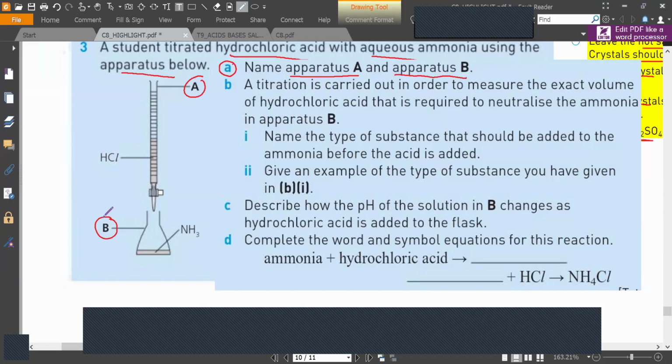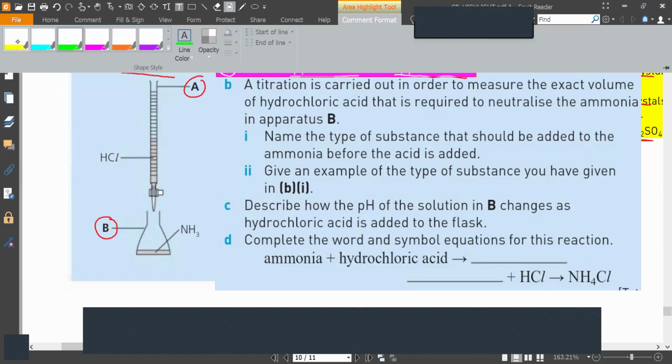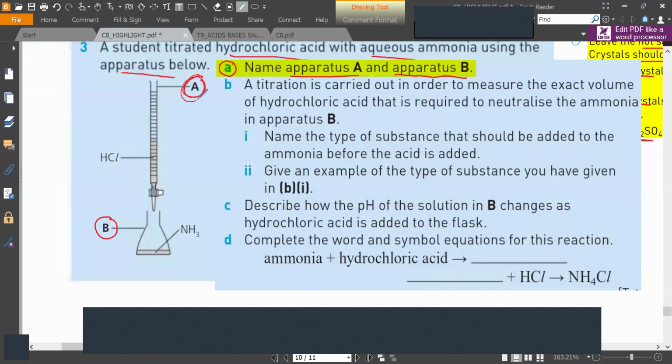Can you get the answer? Name apparatus A and apparatus B. What is this apparatus A here and what is this apparatus B?